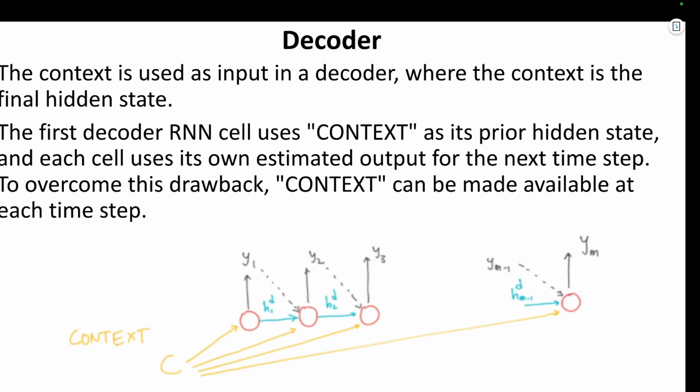Now, the role of the decoder: whatever context is used as input in the decoder, the context is the final hidden state of the encoder. For the first decoder cell, that context information is the prior hidden state information. It is also called the latent space, or the thought vector, which stores the contextual information of the encoder.